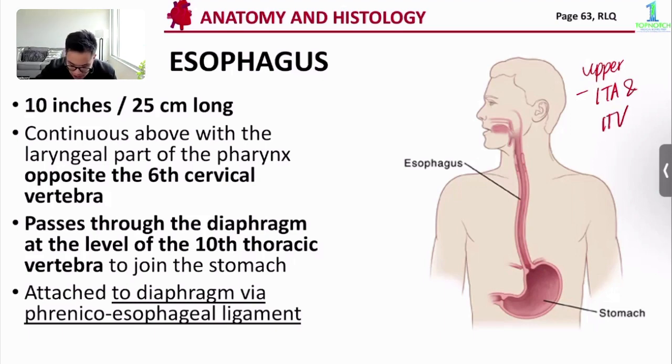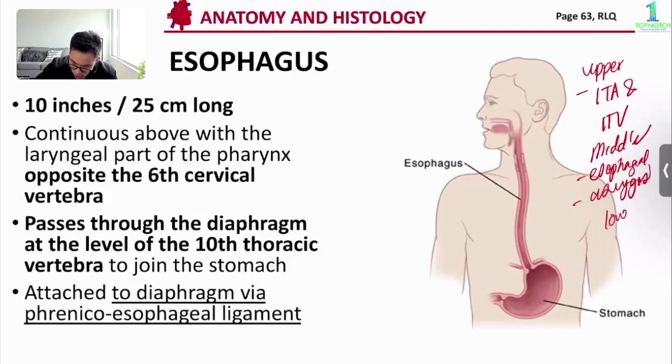No brainer, it's the same name, inferior thyroid artery, inferior thyroid vein. Coming off to the middle area, here you would have esophageal arteries from the aorta, as well as the azygos vein as its venous supply.